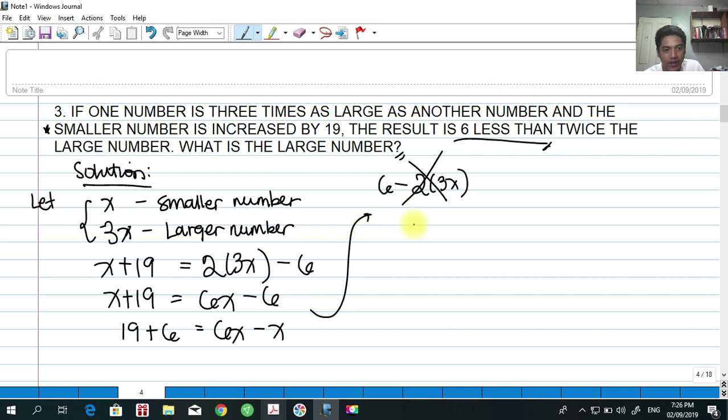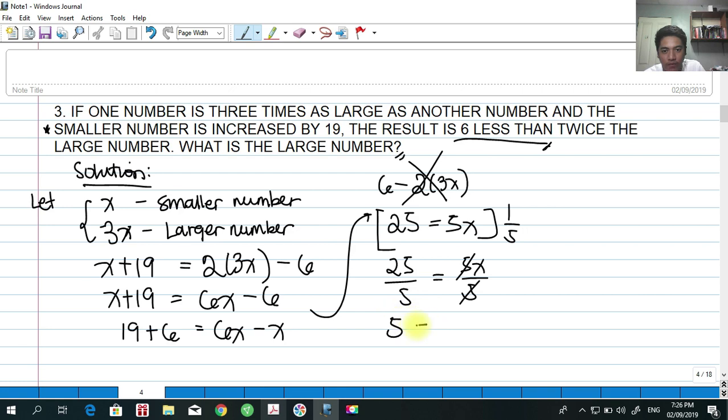So 19 plus 6 is 25, and 6x minus x is 5x. Dividing both sides by 5, or multiplying by 1/5. So what will happen? 25 over 5, and 5x over 5. This would cancel and we are left with x equals 5, because 25 divided by 5 is 5.